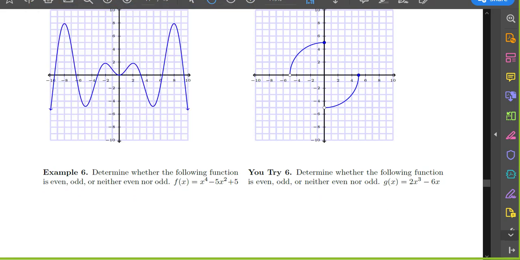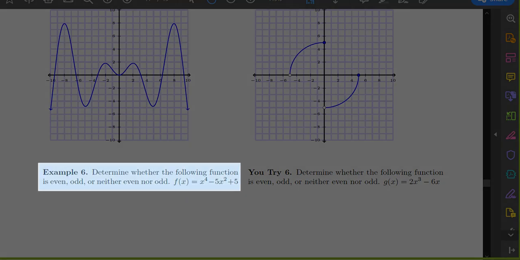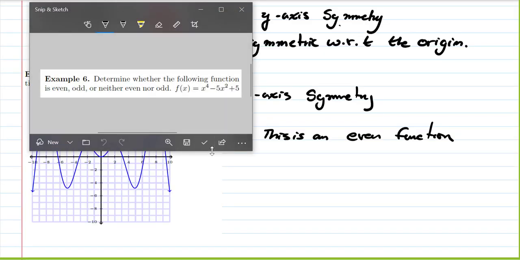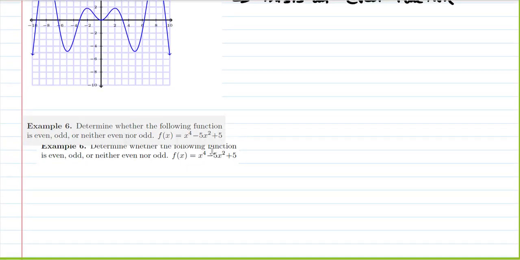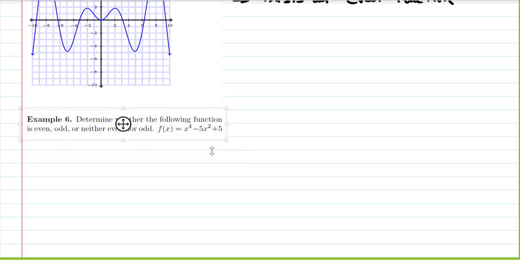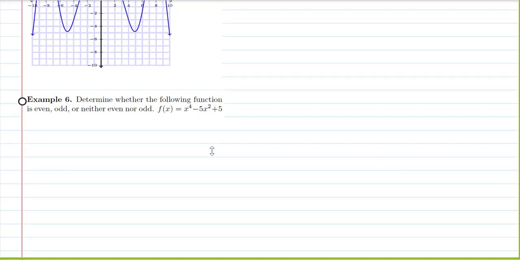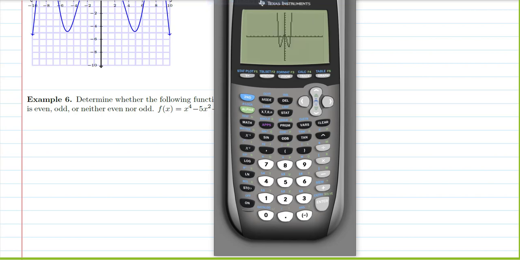I'm going to do example 6, and then I'm going to have you guys do both of your U-tries together. So along that same vein, if we were to look at example 6, it says, determine whether the following function is even, odd, or neither. So we can use the same thing that we just talked about on our graphing calculator. So if I were to put this function in, I would have x to the 4th minus 5x squared plus 5. I forgot to pop out of my exponent.